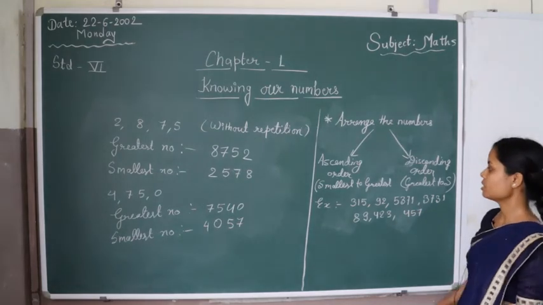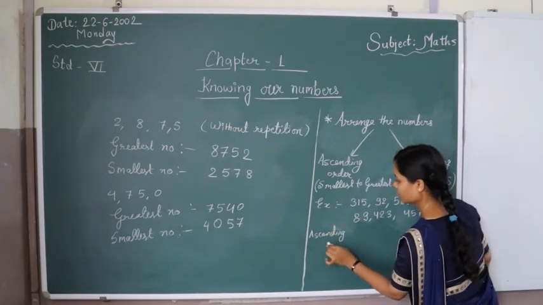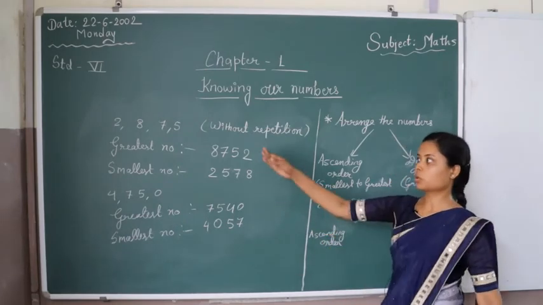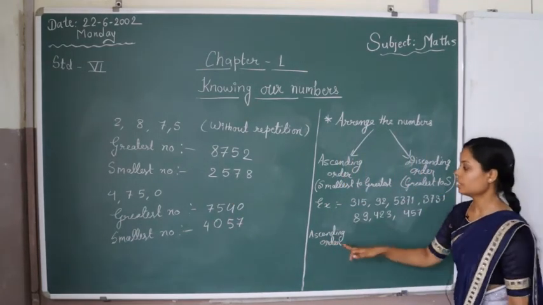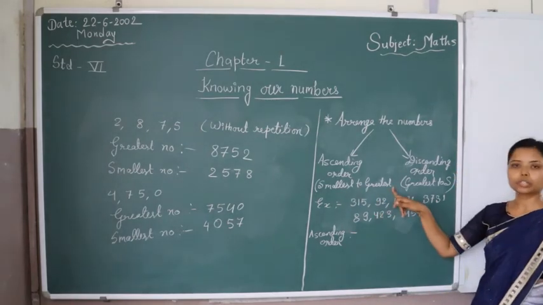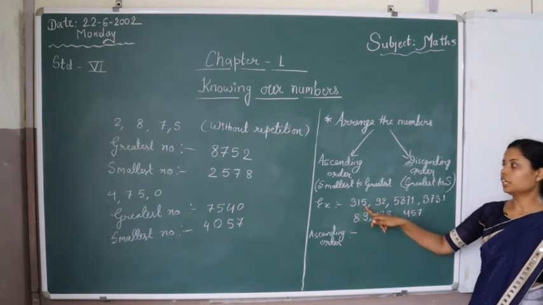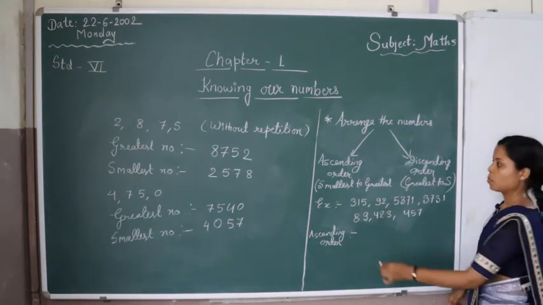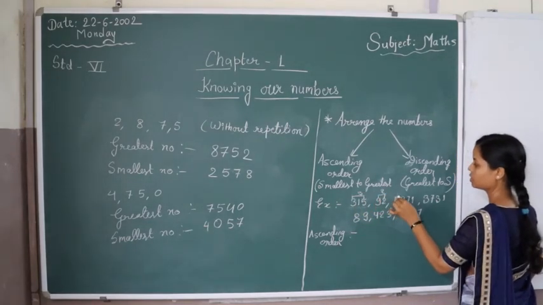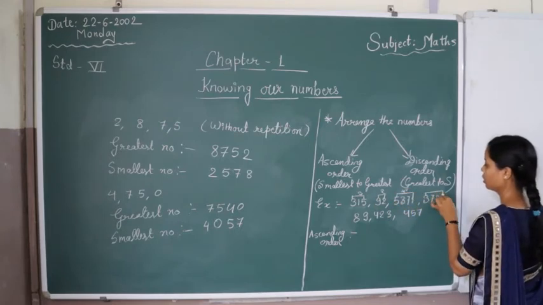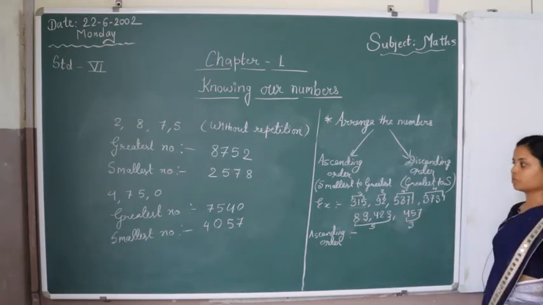Okay, we have a series and we want to arrange it in ascending order. We will follow the same process. In ascending order we arrange smallest to greatest. So we will firstly look at the digits of the numbers. 305, 3 digits. 92 has 2 digits, here 4 digits, here also 4 digits, 5 digits, at last 3 digits.